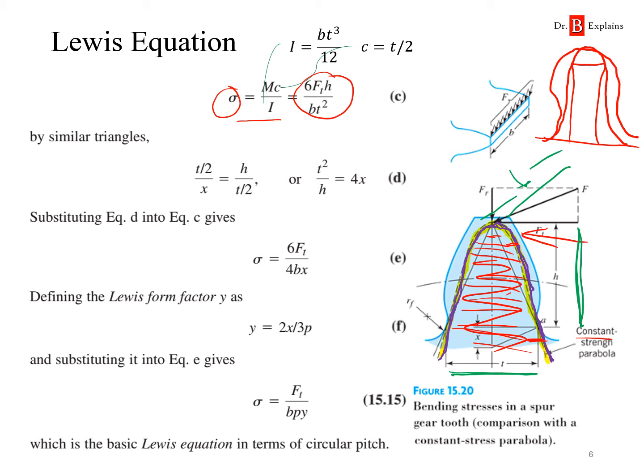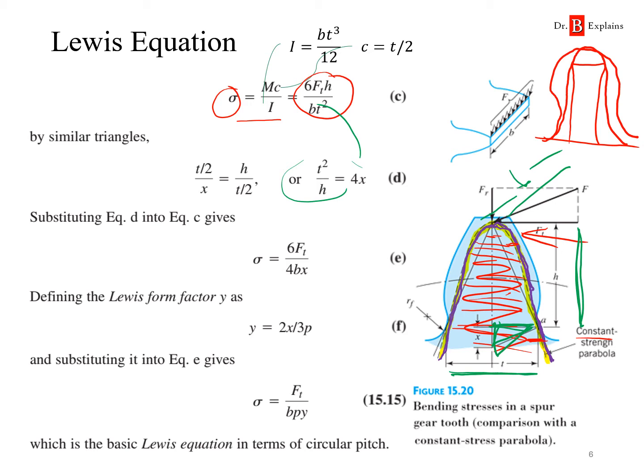Anyways, then they do some math here with some equivalent triangles. They basically rearrange this formula, substituting this on top over here. And they tell us that now the stress is just 6 times the tangential force divided by 4 times b, which is the width, times x over here.